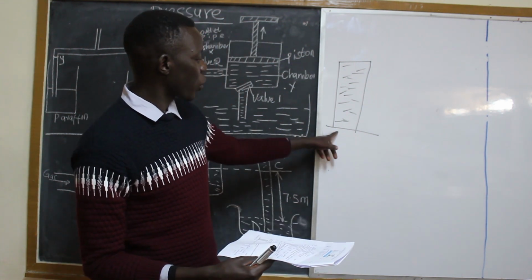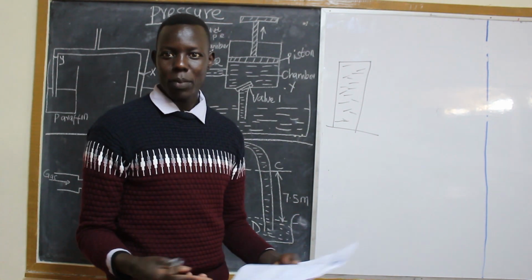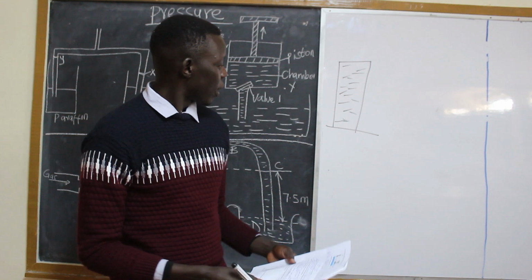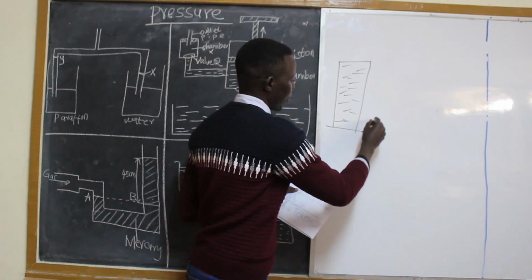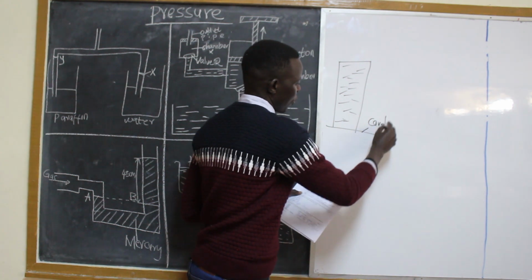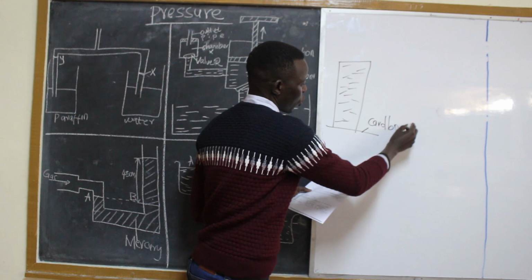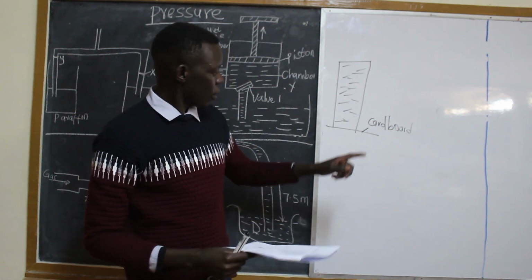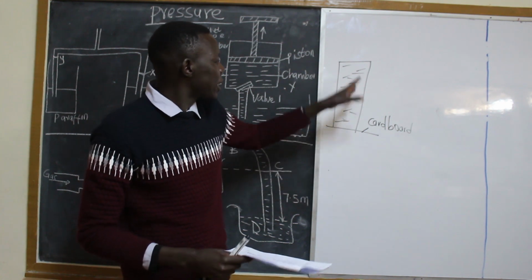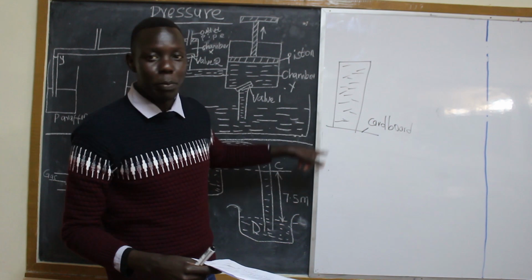Explain why the water will not spill out. It's a matter of pressure. They have used a cardboard here. You know, if the pressure inside is greater than outside, then this cardboard will come off and the water will spill out.